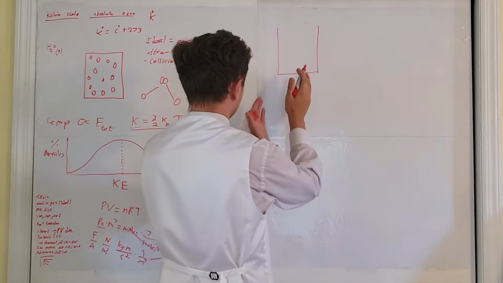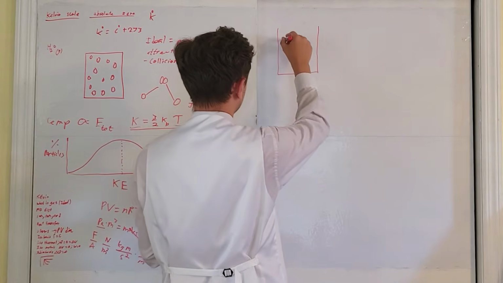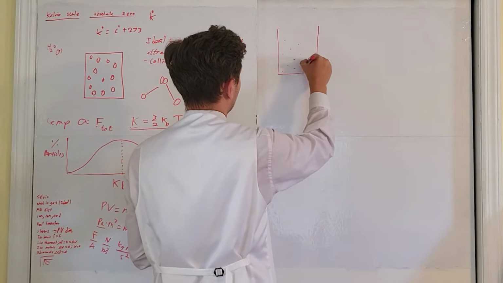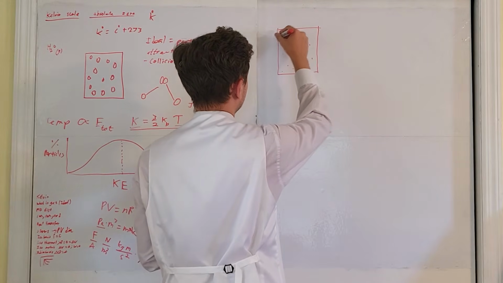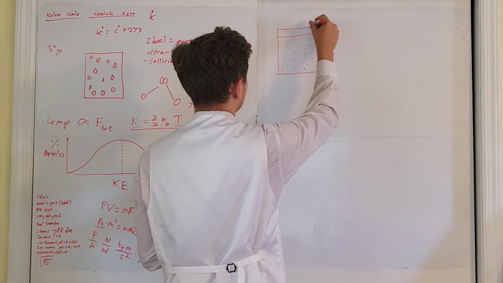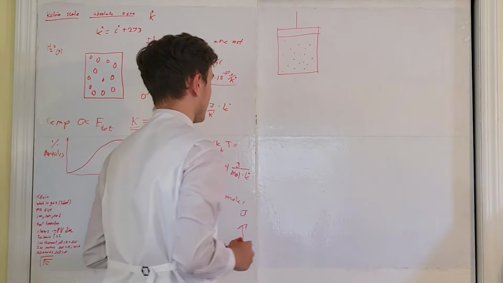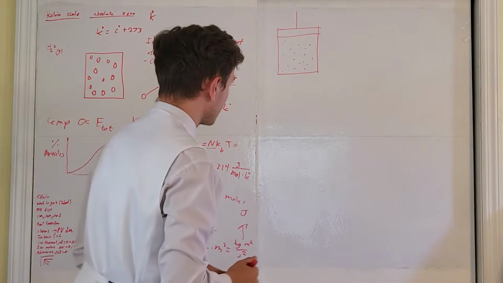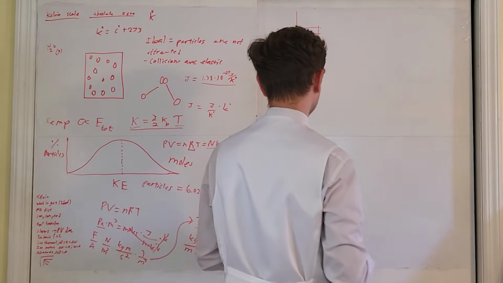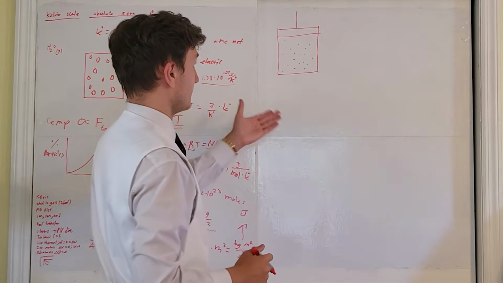All right? It's going to be some gas in some cylinder with a piston on top. Now, there are 4 general types of processes that we're going to undergo on this cylinder.